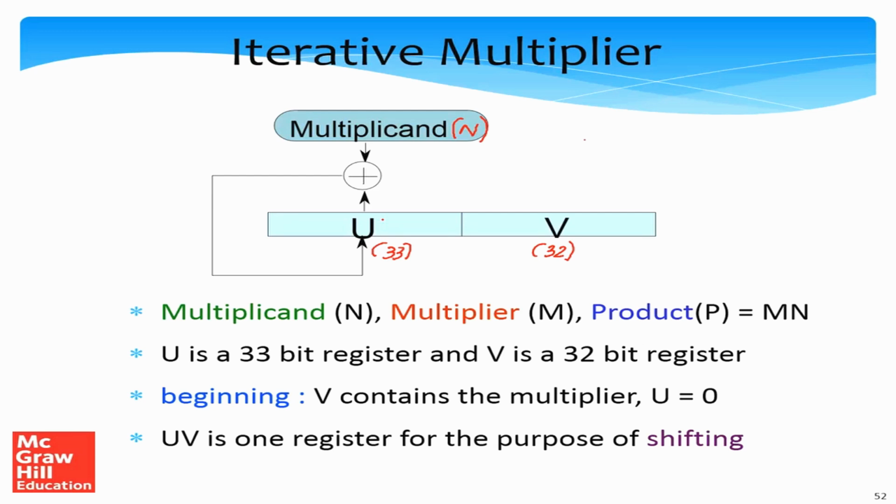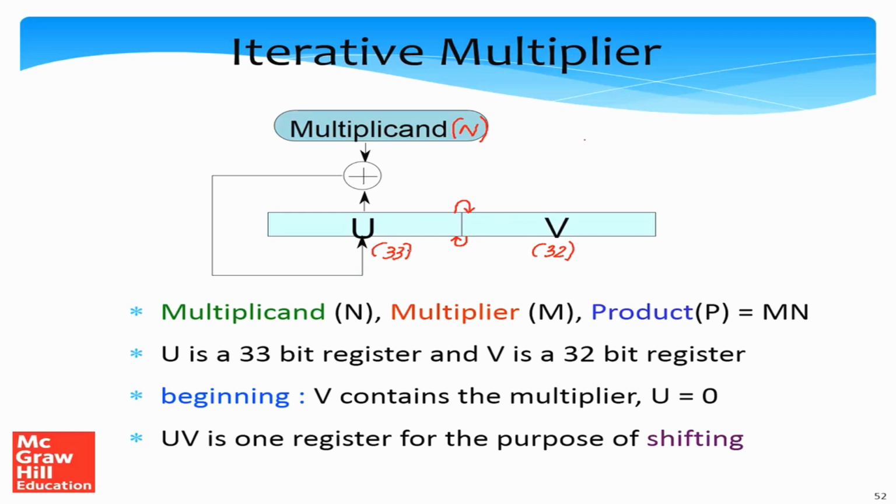Basically, both these registers act as a single register for the purpose of shifting. What this means is that I can shift both the registers to the right. Then the least significant bit of U will become the most significant bit of V. Similarly, I can shift both the registers to the left. Then the most significant bit of V will become the LSB of U. So for the purpose of shifting, they act like a single register.